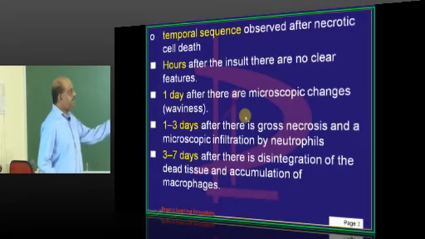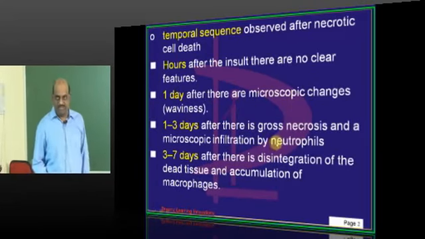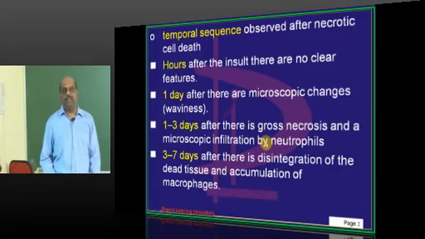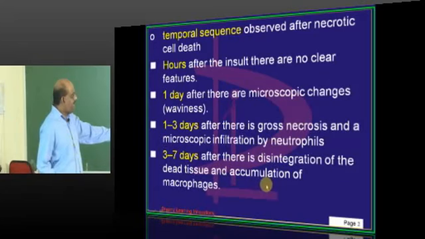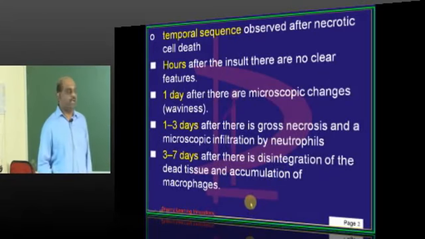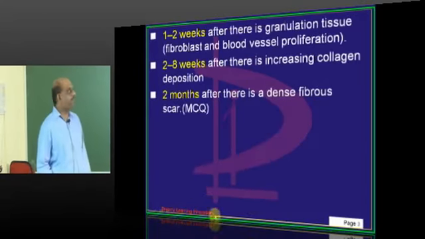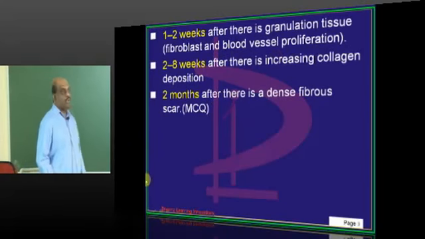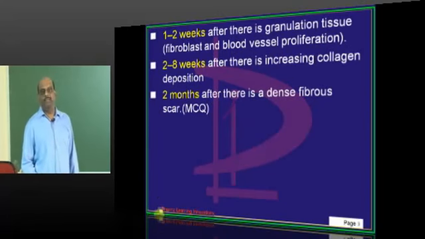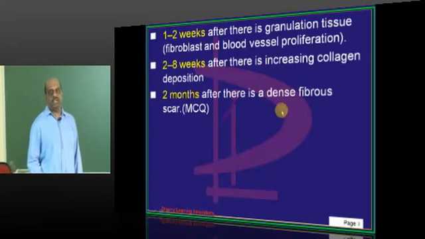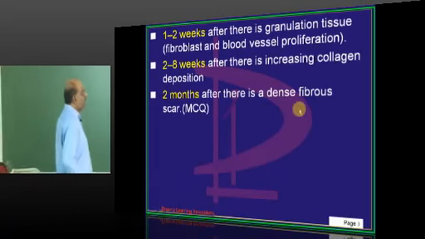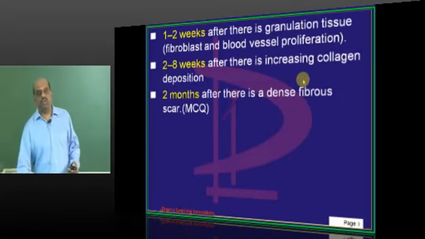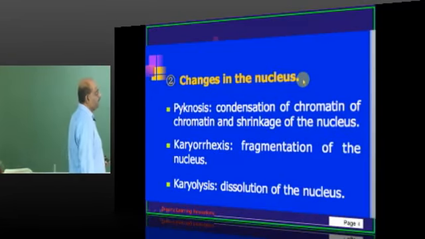One day after, there will be microscopic feature of waviness. 1 to 3 days after, there is a gross necrosis with neutrophilic infiltration. 3 to 7 days later, there is a disintegration of the dead tissue and accumulation of macrophages. 1 to 2 weeks later, there is a granulation tissue. 2 to 8 weeks later, there is collagen deposition, and within about 2 months, there is a dense fibrous scar, is what you have to basically remember.